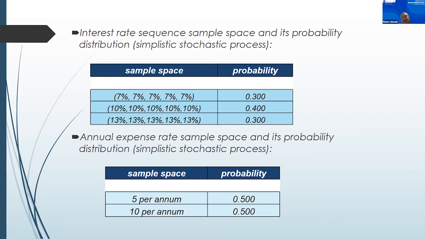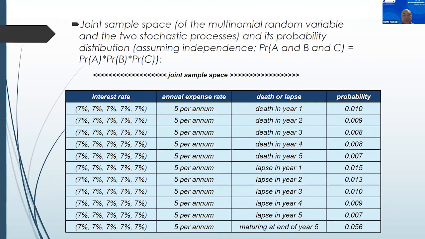So let's get to the next slide. This is basically the joint sample space of the multinomial random variable and the two stochastic processes. Of course, we're making a very simplistic assumption here, of independence. We assume that among the two stochastic processes and the multinomial random variable, among the three of them, there is independence.